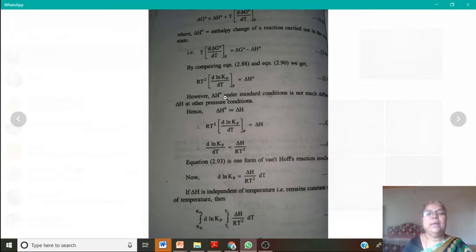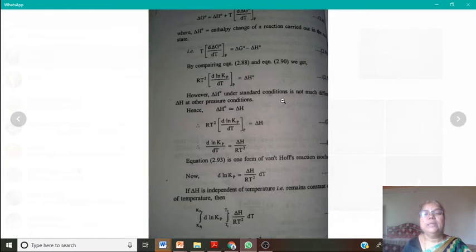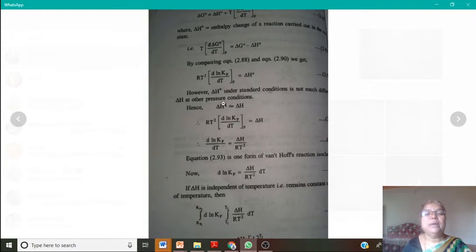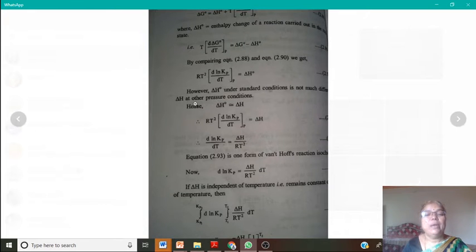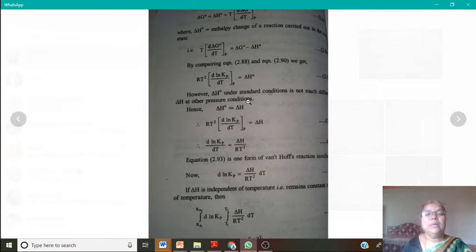And here ΔH° under standard condition is not much different from the ΔH value at other pressure conditions.